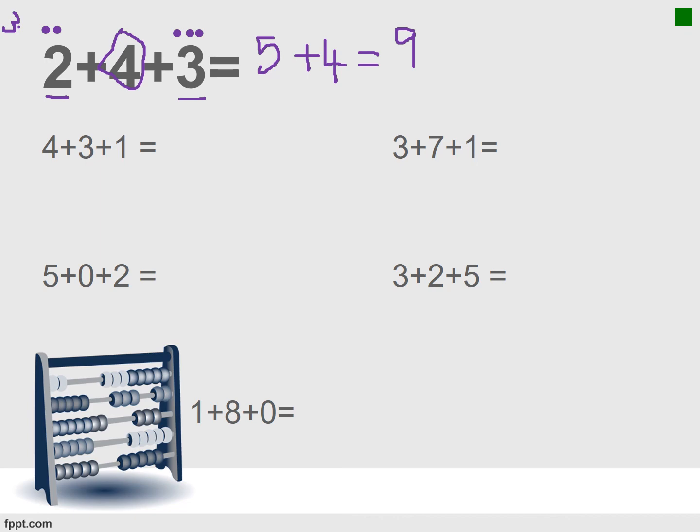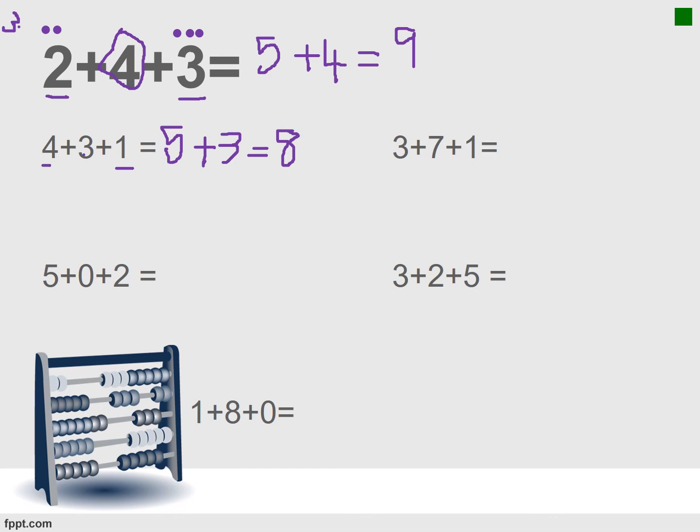Okay, so let's do the next one. First, we'll add the first number with the last number. 4 plus 1. 4 plus 1 is 5. And let's write number 3 here. And now 5 plus 3 is 8.